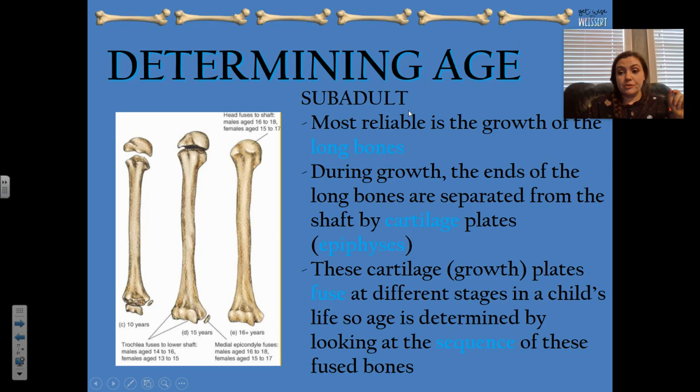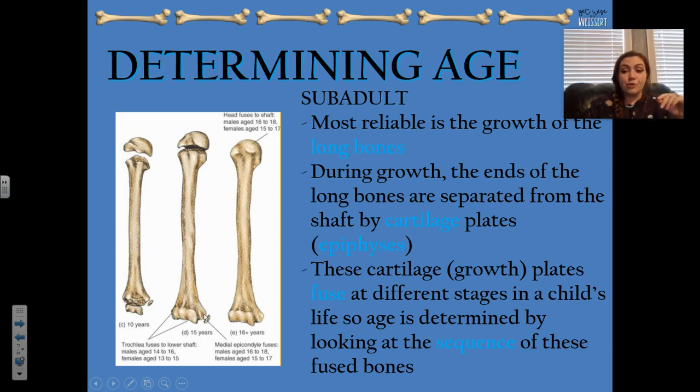For a subadult, so a kid, anywhere from infant to not yet an adult, most reliable is the growth of the long bones, so our arm and leg bones. During growth, the ends of the long bones are separated from the shaft by cartilage plates. You can see that here, literally still separated at 10.